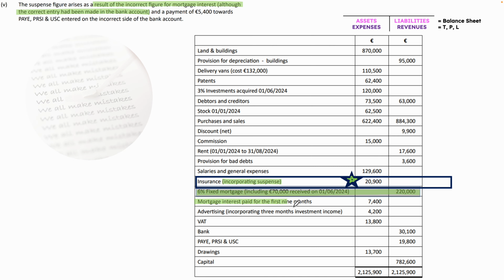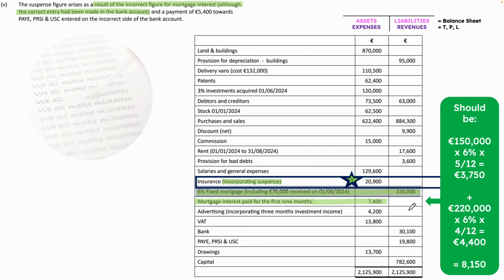But here it says mortgage interest paid for the first 9 months of the year. So the bookkeeper said that it was 7,400, but the adjustment tells you that that is incorrect. So the correct amount went into the bank account, but the wrong amount went into the mortgage interest paid account. So 7400 is incorrect.